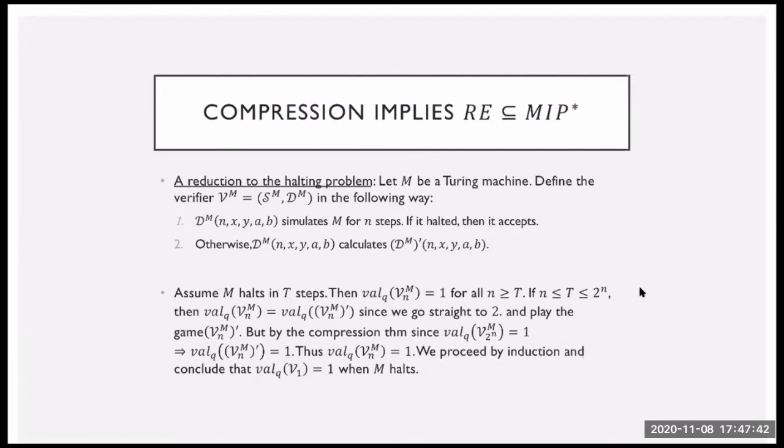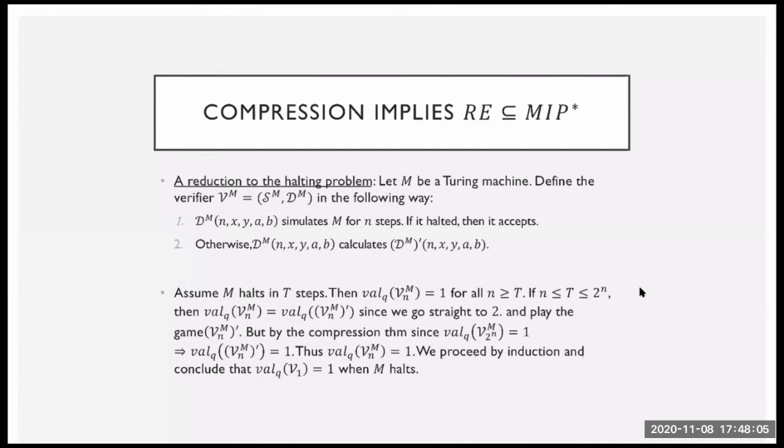You should think of it as something like the following. Run the Turing machine n times. If it didn't halt, simulate a running time of 2 to the n times. If this one didn't halt, simulate a running time of 2 to the 2 to the n. If this didn't halt, run a simulation of 2 to the 2 to the 2 to the n.